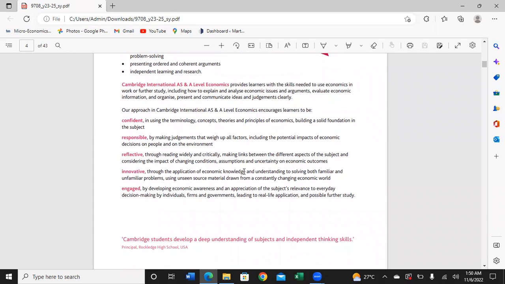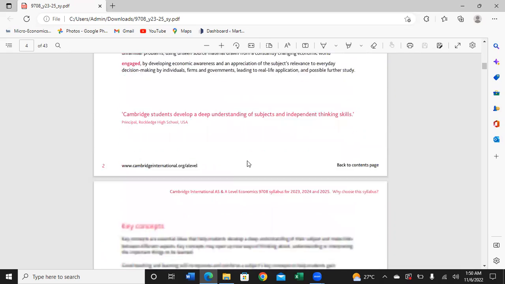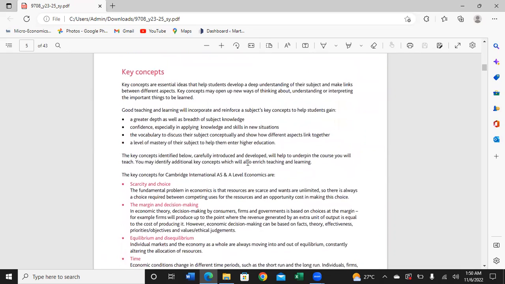Reflective through reading widely and critically, making links between the different aspects of the subject and considering the impact of changing conditions, assumptions, and uncertainty on economic outcomes. Innovative, engaged, all these things are available. Key concepts are essential ideas that help students develop a deep understanding of this subject and make links between different aspects.